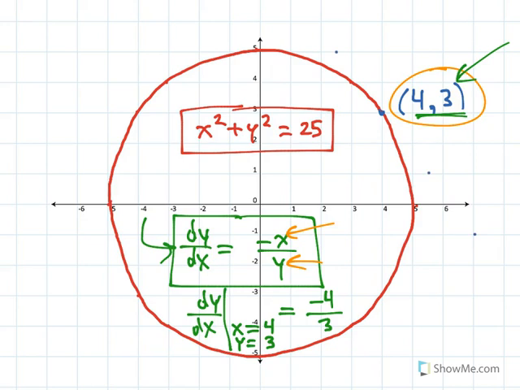And using that, I can sketch my tangent line to the circle at the point 4, 3. So the derivative gives us the same information that it's given us all along, slopes of tangent lines to the graph.